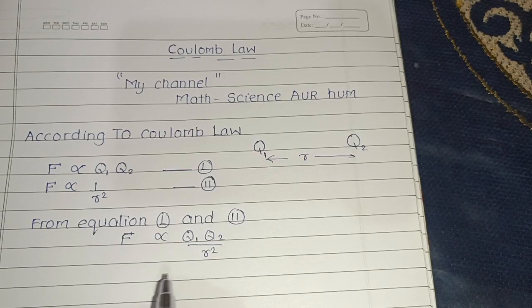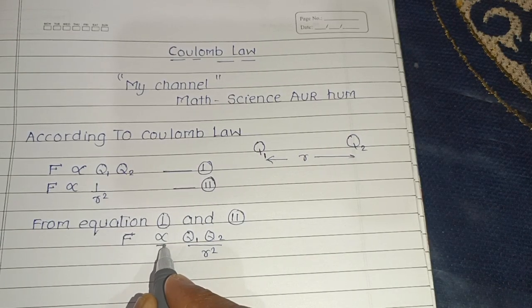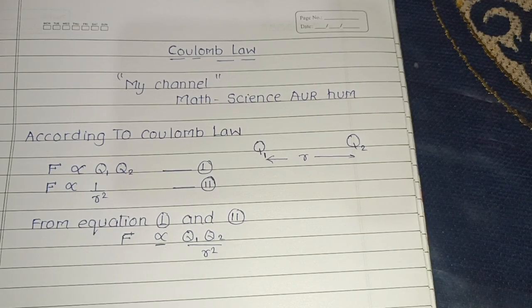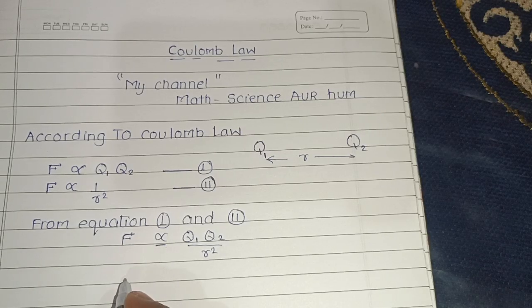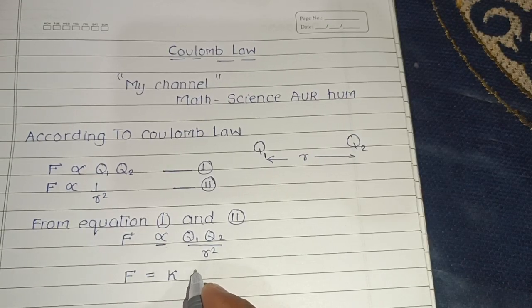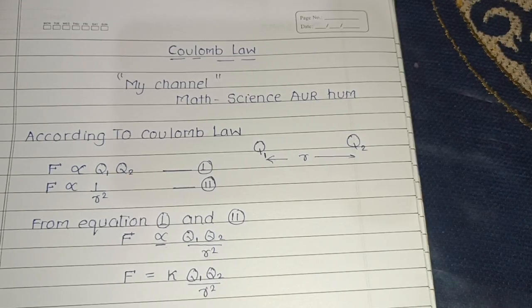Okay, so you know that when we remove this directly proportional sign, we use a constant. So F is equal to K times Q1 Q2 by R square.